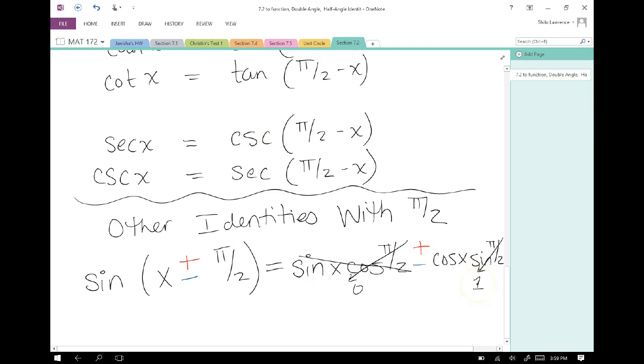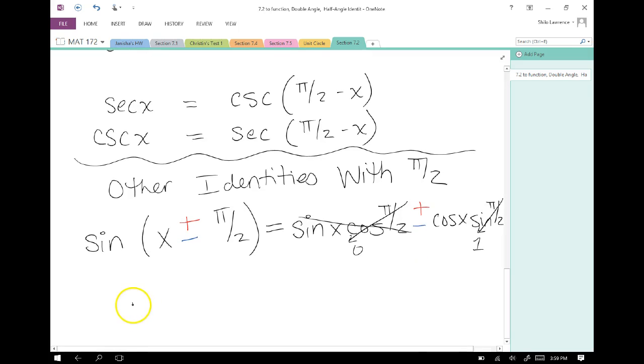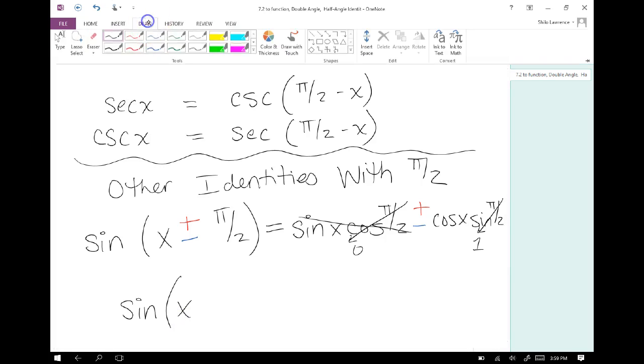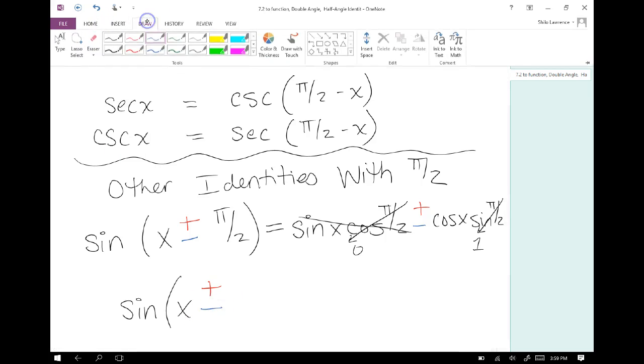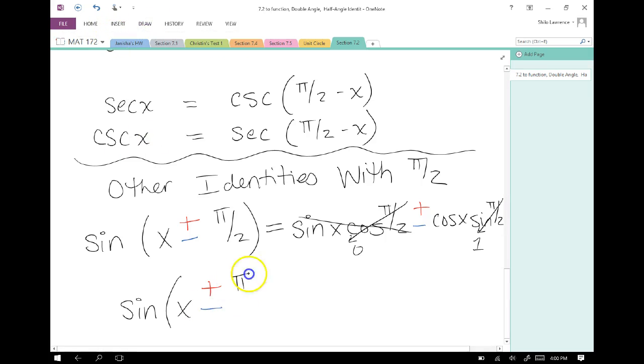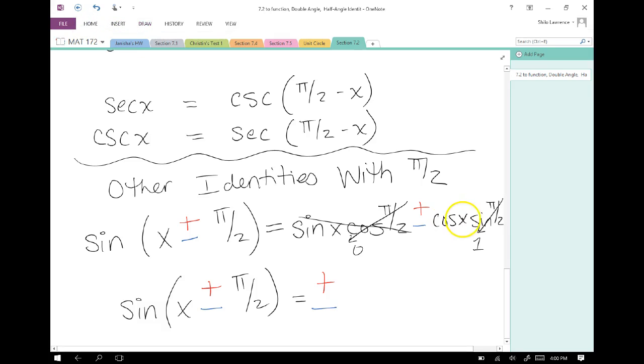Anything times 1 is equal to itself, which means the sine of x plus or minus pi over 2 is equal to plus or minus cosine x.